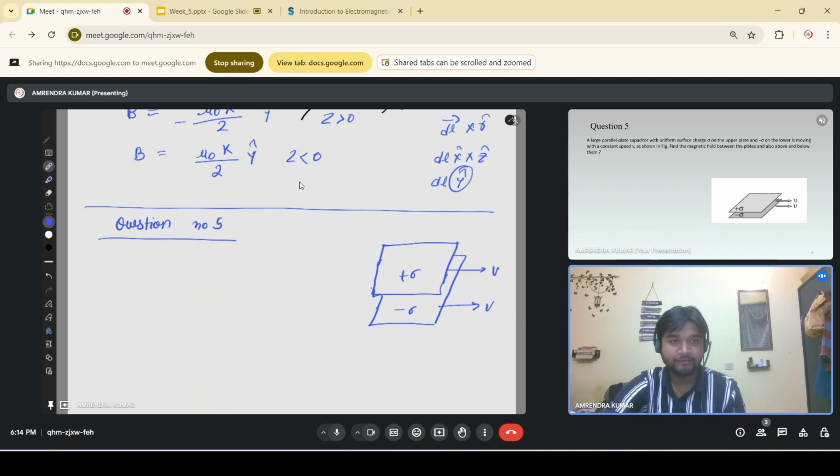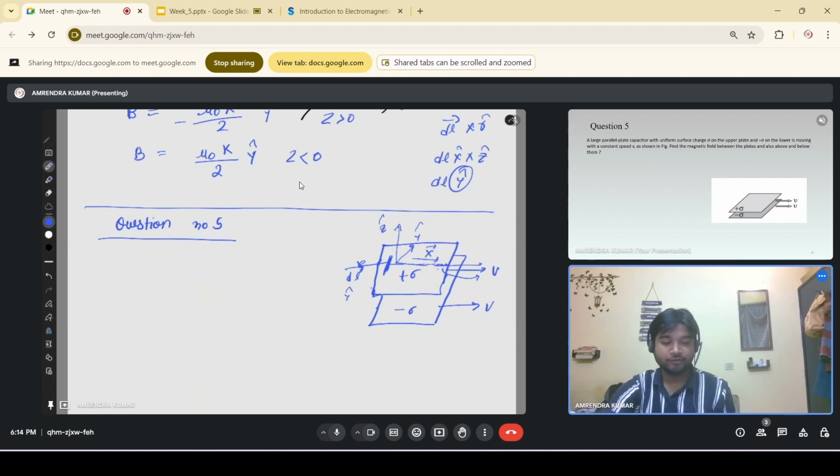It has some sigma here, and this is moving in the x cap direction. So the charges are moving in this direction, and if you have y cap in this direction, then this will be the z cap. The charges are moving in this direction with this velocity. So the current that will flow will be in this direction only, and perpendicular to that is this element, in the y cap direction.